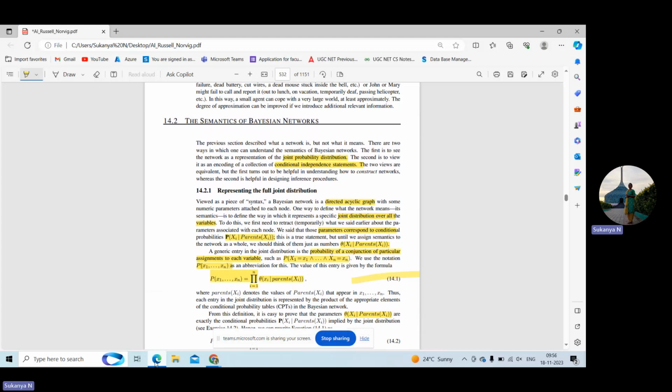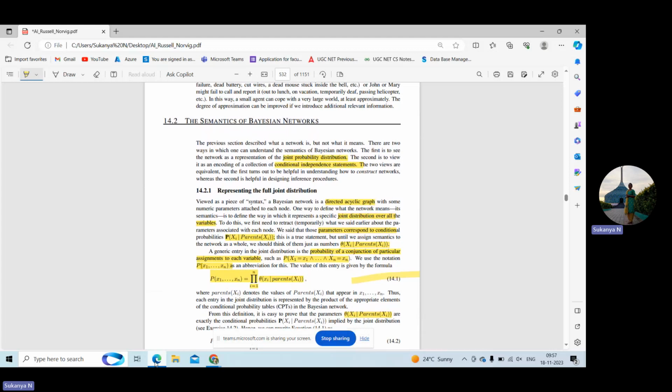So for these parent values, if we write like this, we can define it as P of x1, x2, to xn, which equals the product from i equals 1 till n of theta of xi given parents of xi. This will be the probability if we are replacing this statement with a number.